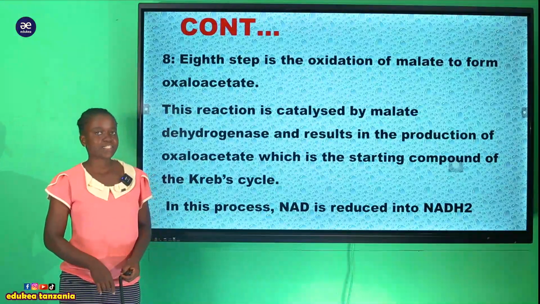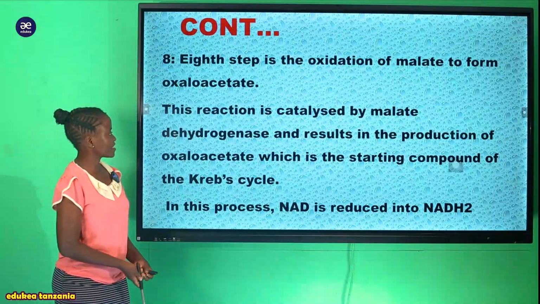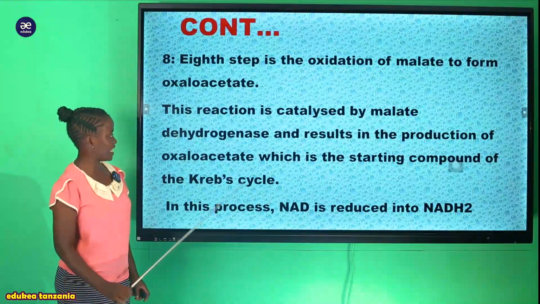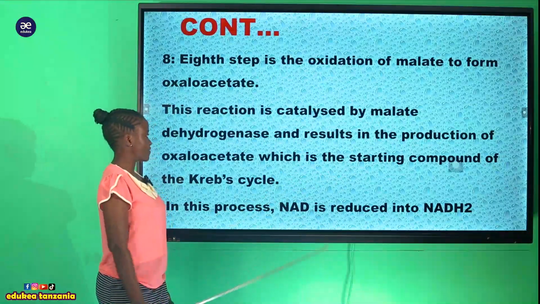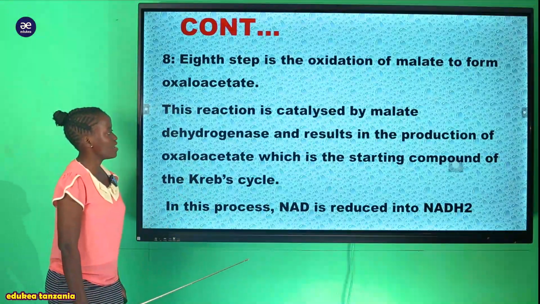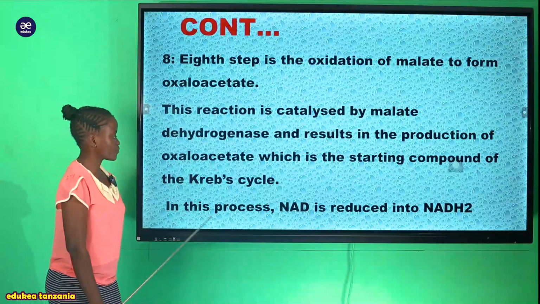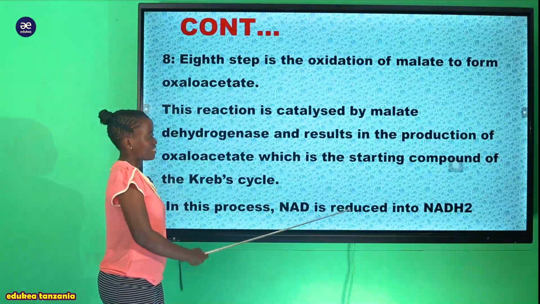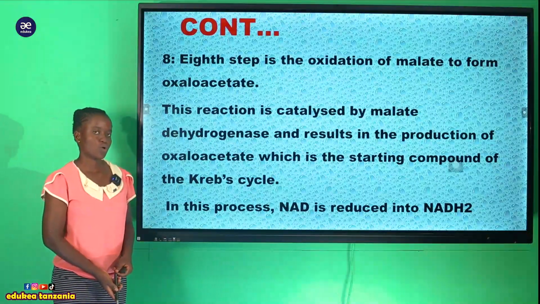So it's just oxidation of malate to form the oxaloacetate. And this reaction is catalyzed by malate dehydrogenase and results in the production of oxaloacetate, which is the starting compound of the Krebs cycle. So in this process, NAD is reduced into NADH2.